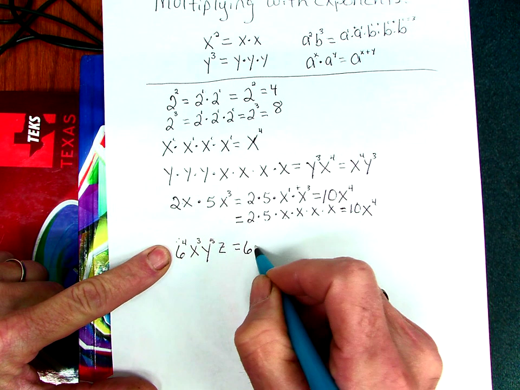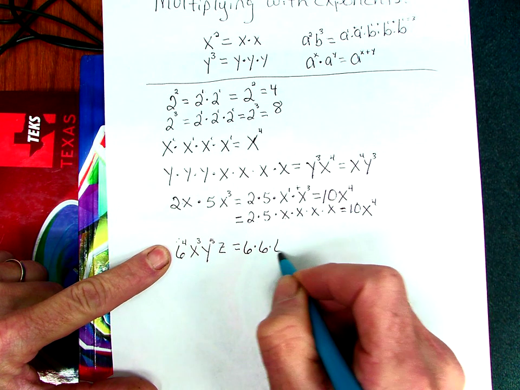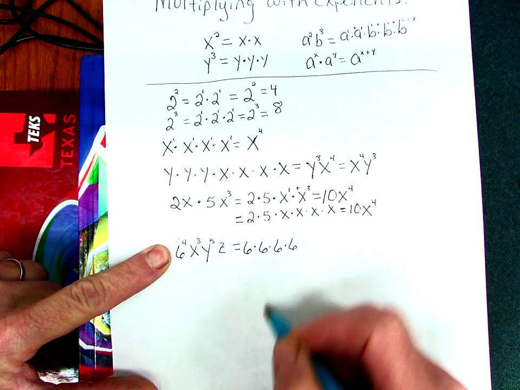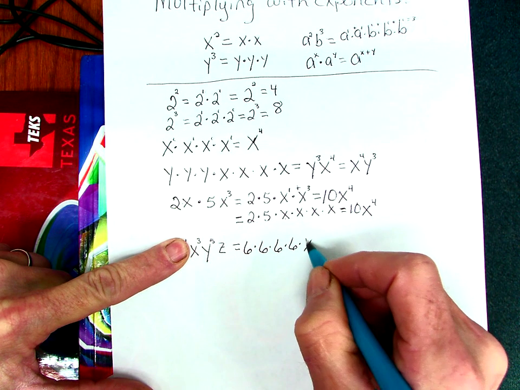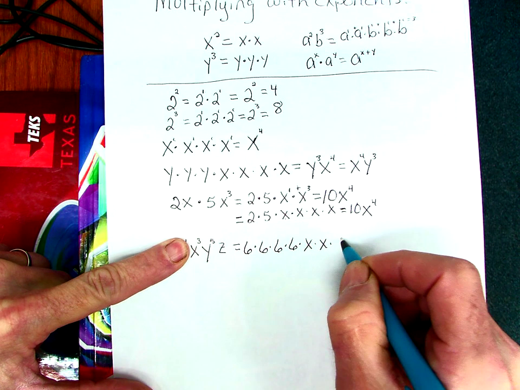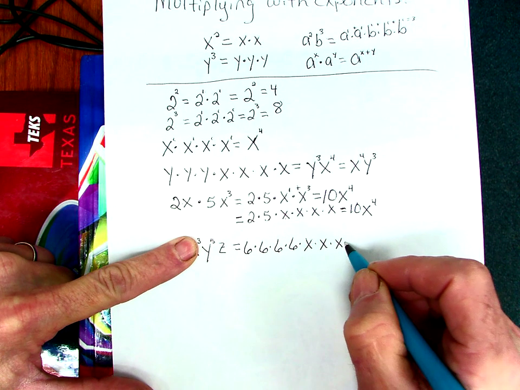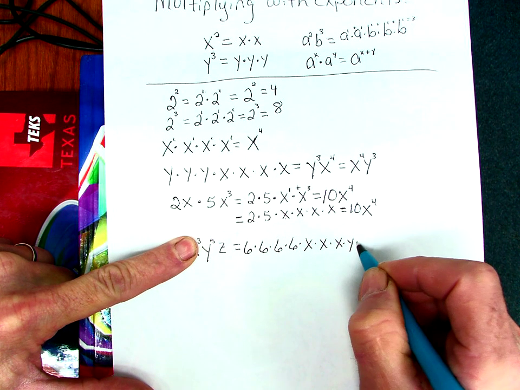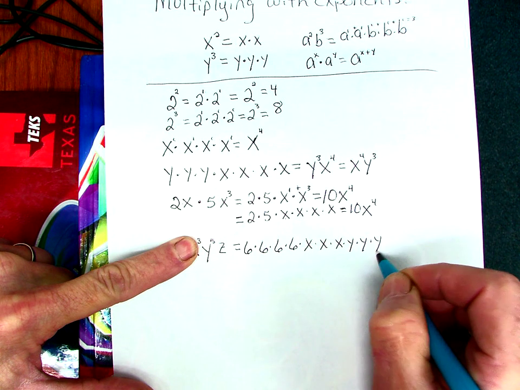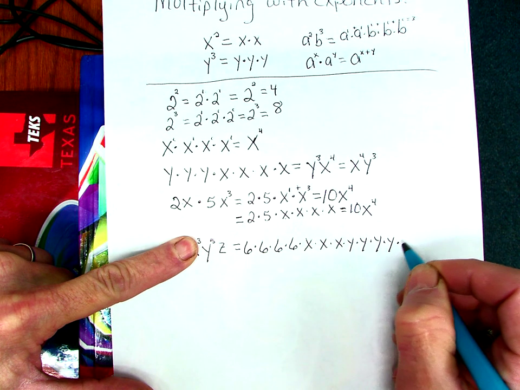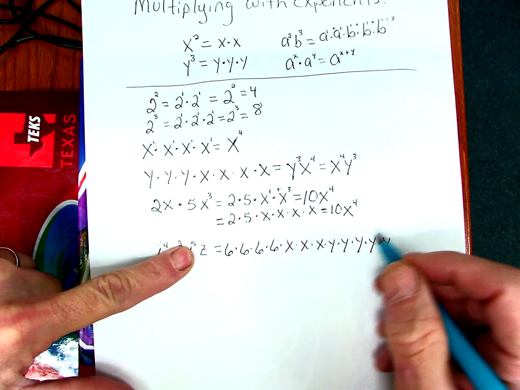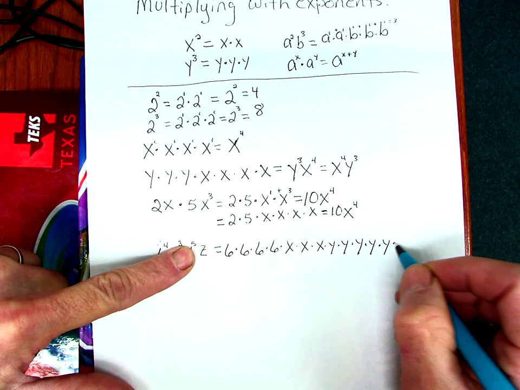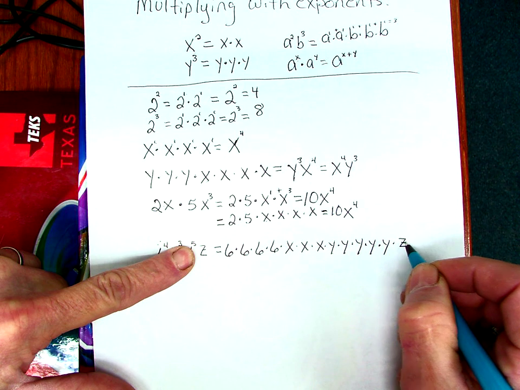We've got 6 times 6 times 6 times 6. Now the x's: x times x times x. The y's: y times y times y times y times y. 1, 2, 3, 4, 5. And then the z's. There's no power written for the z's. That means 1.